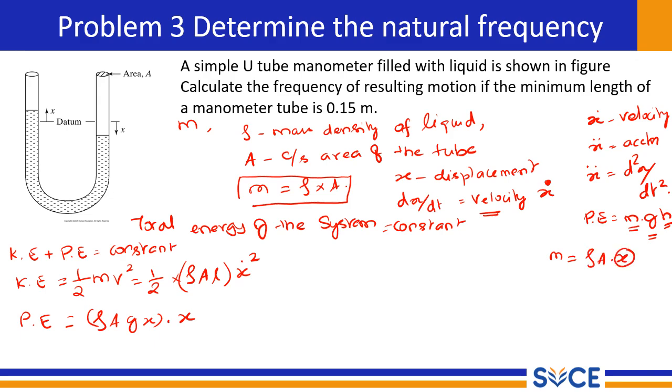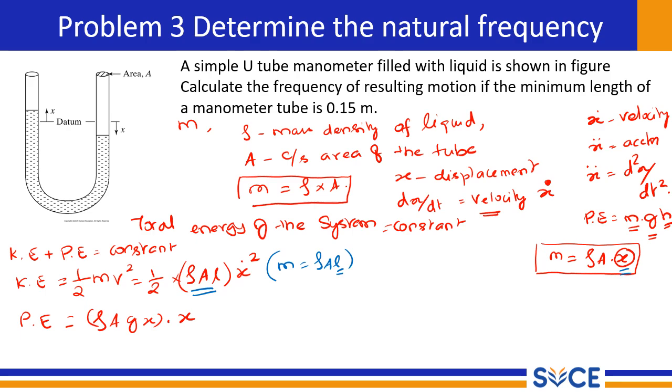So for this potential energy we have to substitute x. Previously, you can see that we substituted in this formula mass equal to rho A L, that is the total length of the liquid column. Here in potential energy we are substituting only x, that is the displaced liquid column.